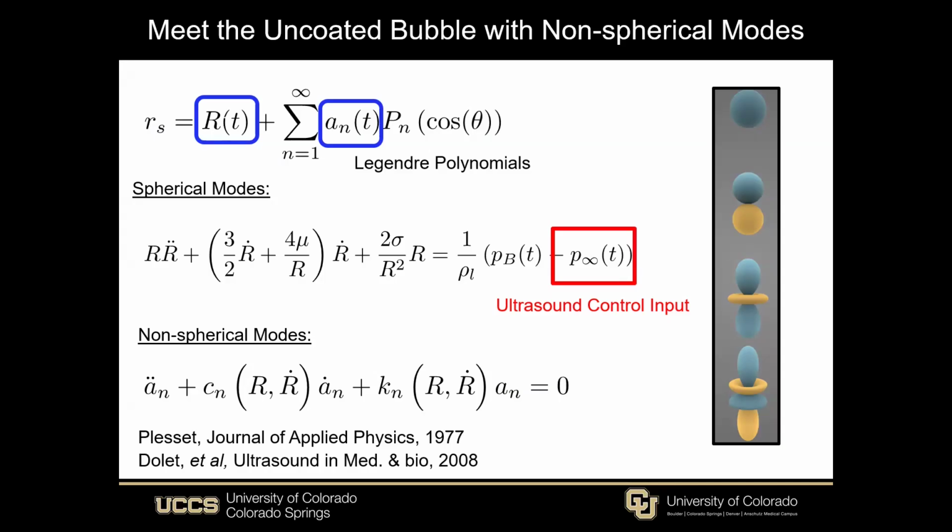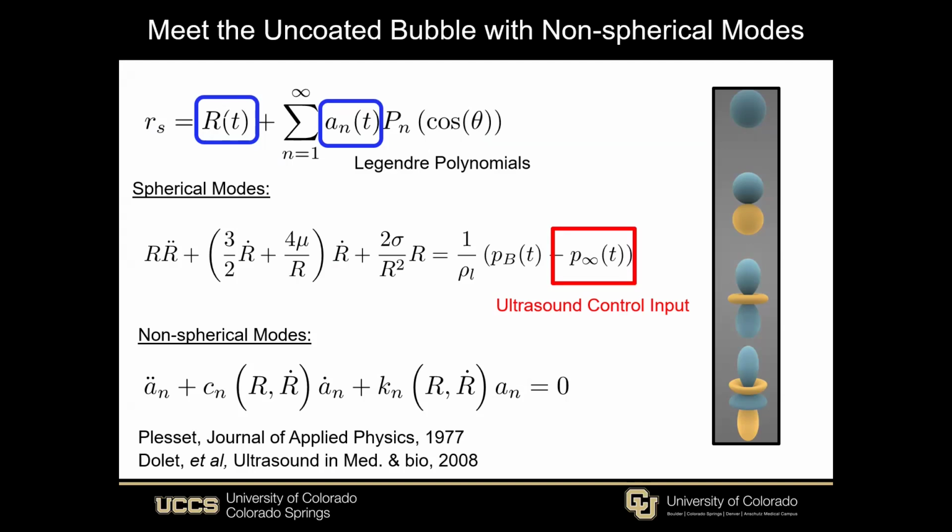Spherical mode, highly nonlinear. I wrote this one so you can see. The key thing in here, which is very weird, is that the control input, ultrasound, enters only through the spherical mode in this formulation. And then indirectly, through the spherical mode, it enters and controls the non-spherical modes through the coefficients here and the parametric terms. This is actually nothing but a spring mass damper, but nonlinear, right? You have a damping term that's a function of radius, and you have a stiffness term that's a function of radius.